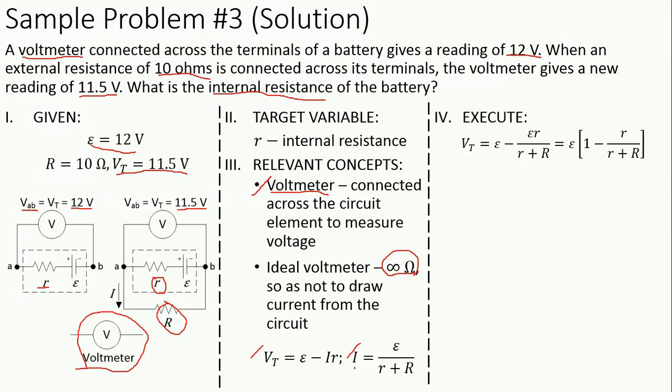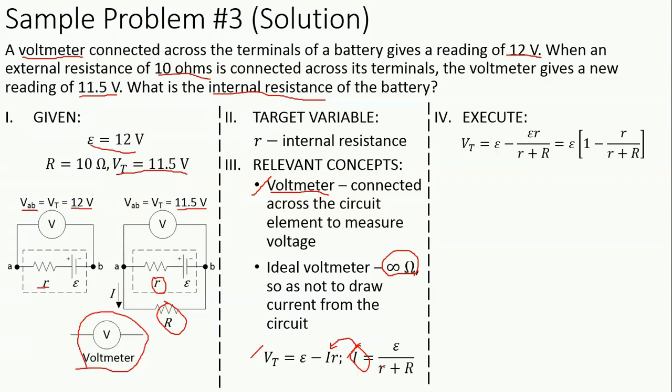For the first expression, we substitute I from the second expression. Again, our goal here is to solve for small r. The current I is not given in the circuit, so we try to eliminate the symbol I from our computations, so as to avoid solving for the current first and then solving for the internal resistance.